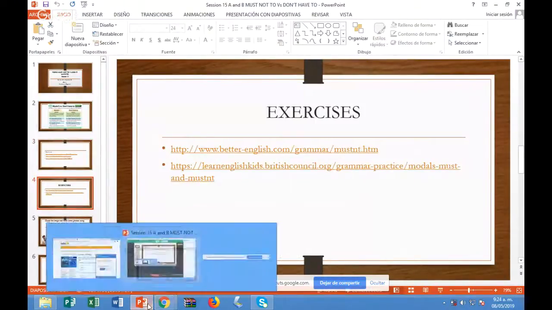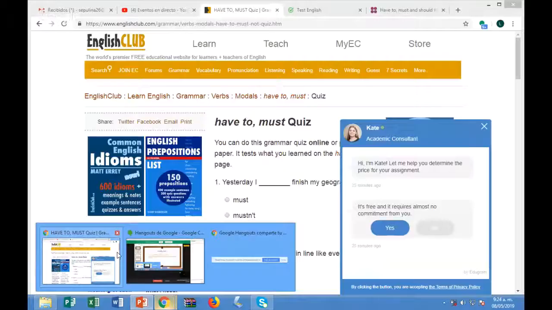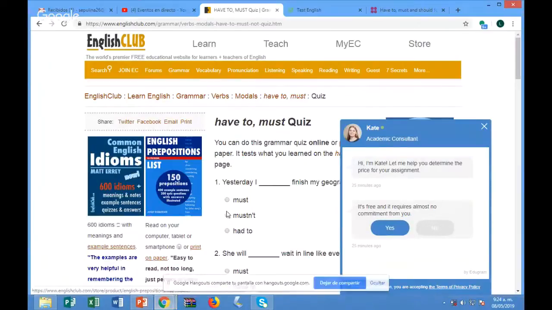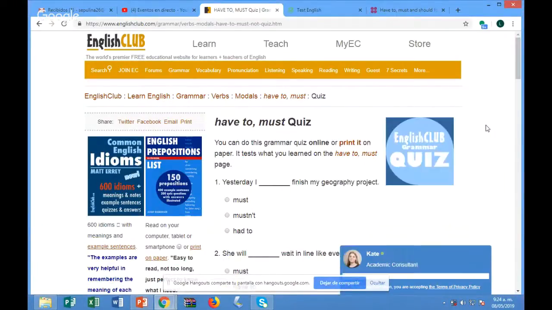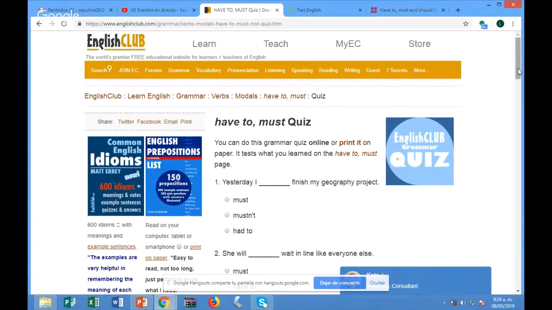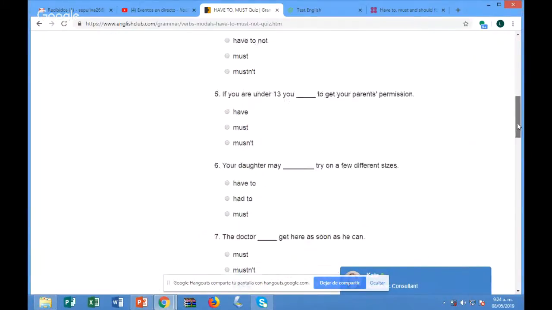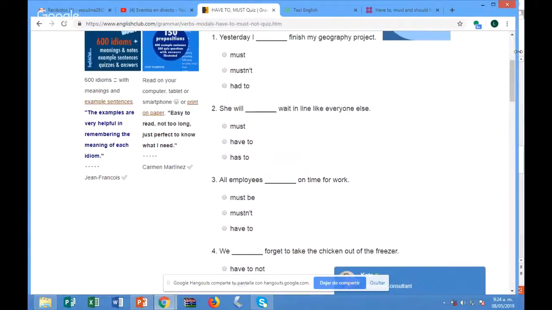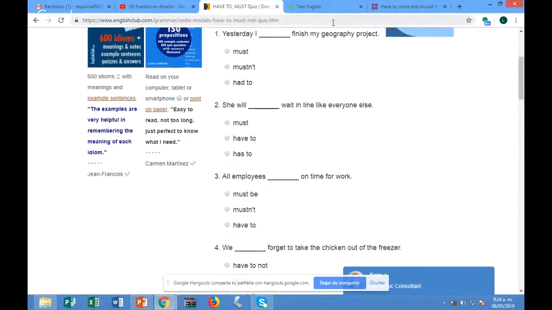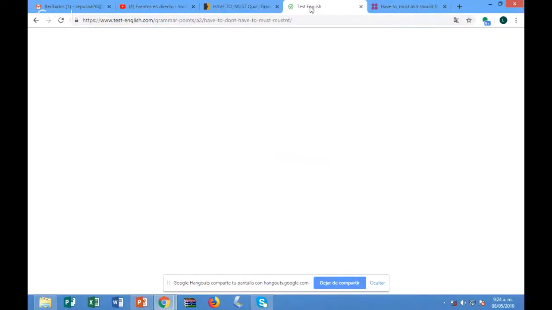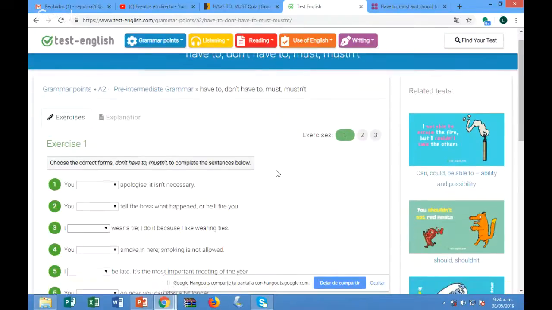So now I have some exercises for my students about grammar and stuff like that, about this topic. So I have here another one.